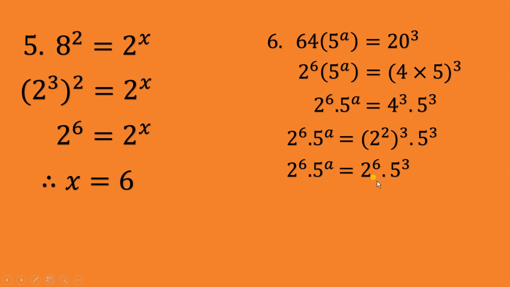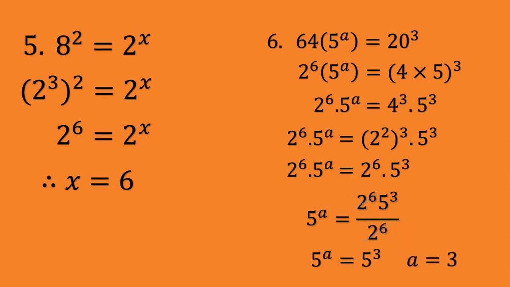We can now have 5 to the power a on the left hand side, take everything else and move it to the right hand side, 2 to the power 6, which will be divided. So those two can now cancel each other out. 2 to the power 6 will cancel with 2 to the power 6. We are left with 5 to the power a is equal to 5 to the power 3. Bases are now the same, and therefore a is equal to the value of 3.